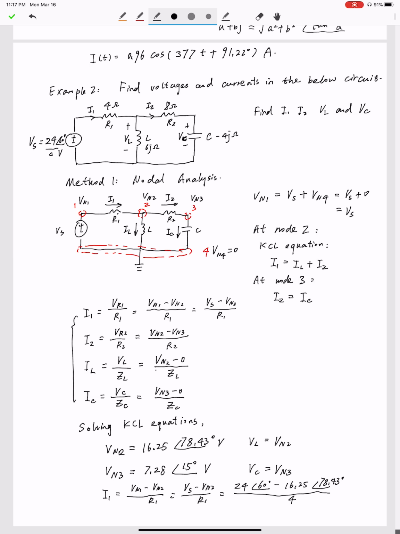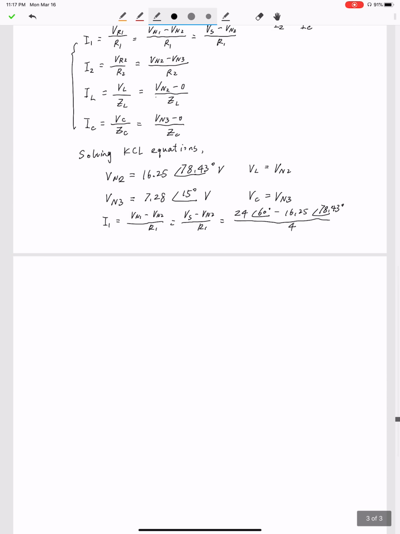And here we have complex number subtraction. To operate that, you need to convert the polar forms into rectangular forms, and then the real part minus the other real part, and the imaginary part minus the other imaginary part, right? The result divided by 4 equals 2.5, and the phase angle is 29.06 degrees. Unit is amp.